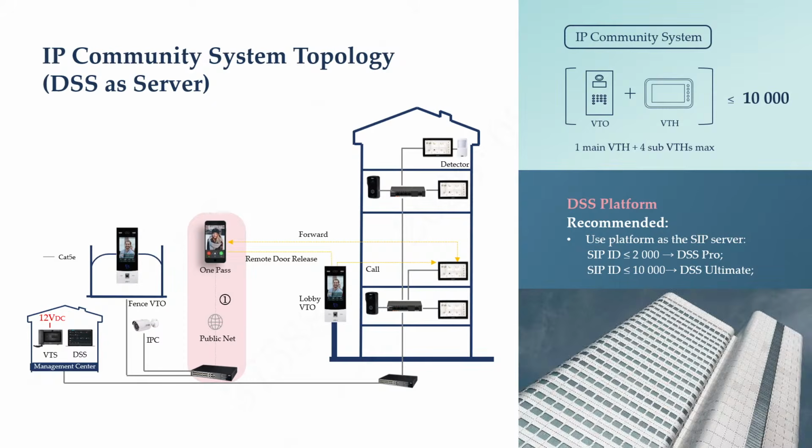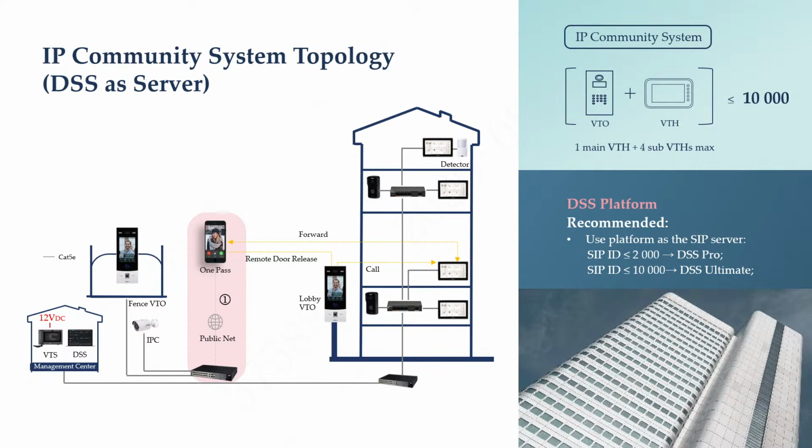By default you have video checking and two-way audio communication, so this is quite a strong solution. In this solution the upper limit is 10,000 SIP IDs, so you can have a really huge system. In that case, you need to use DSS Ultimate.